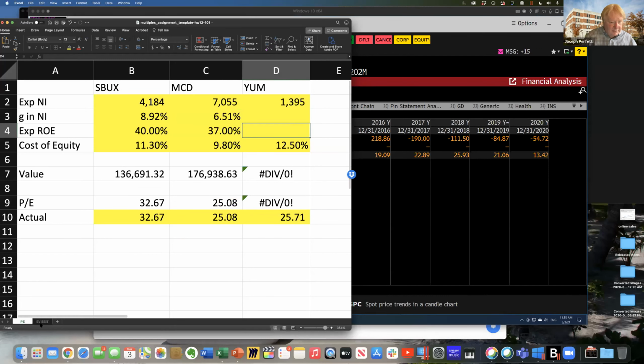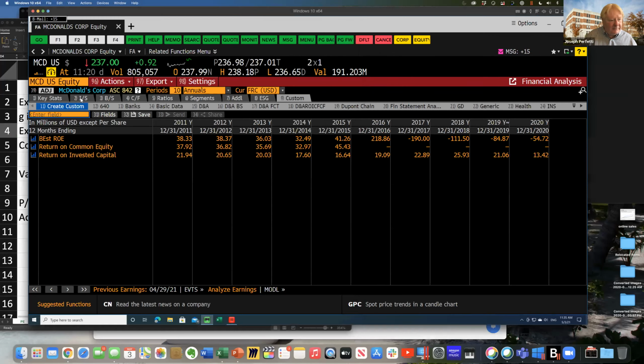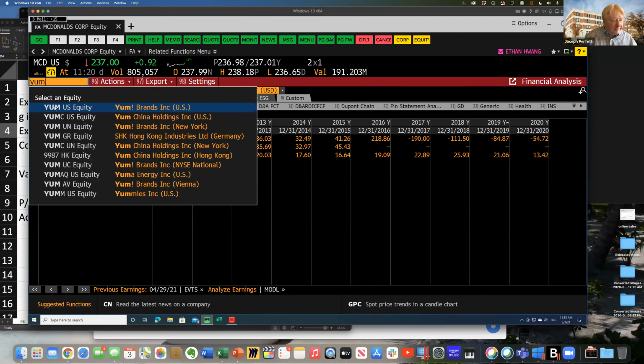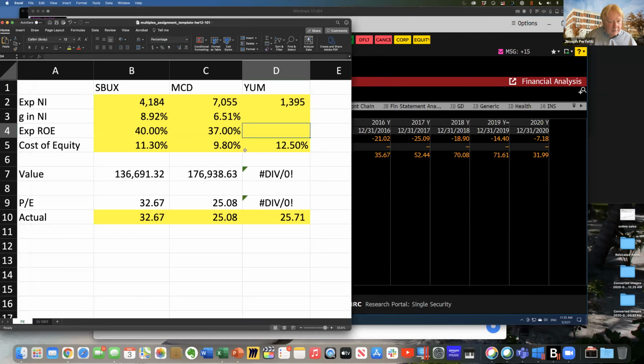And if this is 50.65, switch this to Yum. This is going to be like 70.